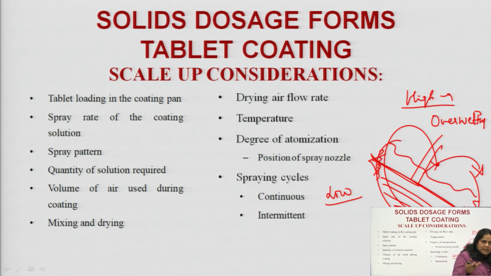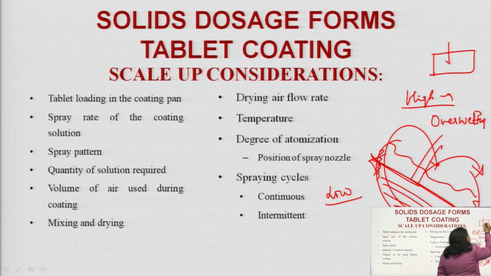And if the temperature of air is low, then our drying process is slowed down and ultimately the tablet coating process is slowed. And if the evaporation is not very fast, there are chances that the coating solution can penetrate deep into the tablet, thereby leading to softening of the tablet, and ultimately this tablet will be a waste.